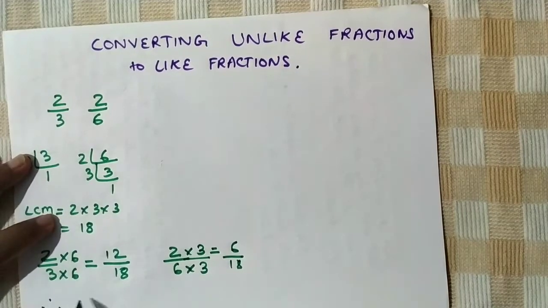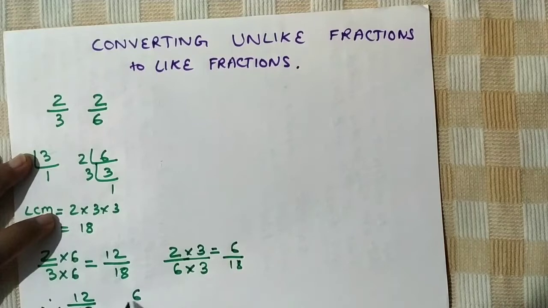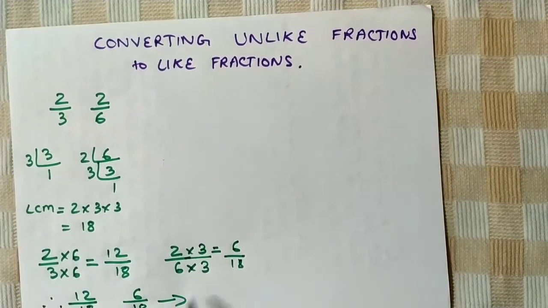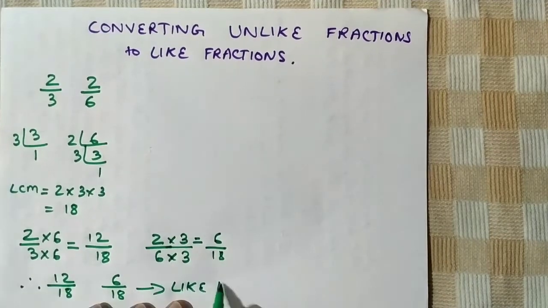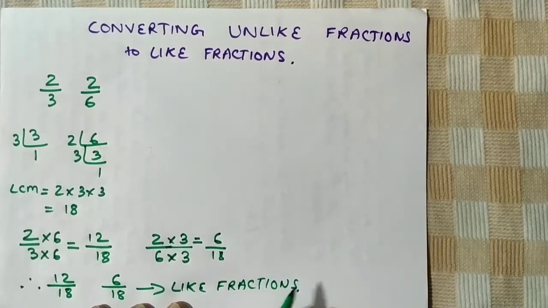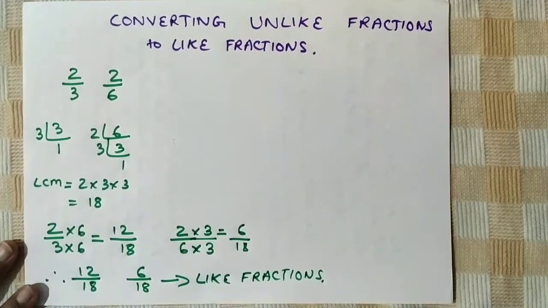Therefore 12 upon 18 and 6 upon 18, so these are what? Like fractions. So this is how you can convert unlike fractions into like fractions.